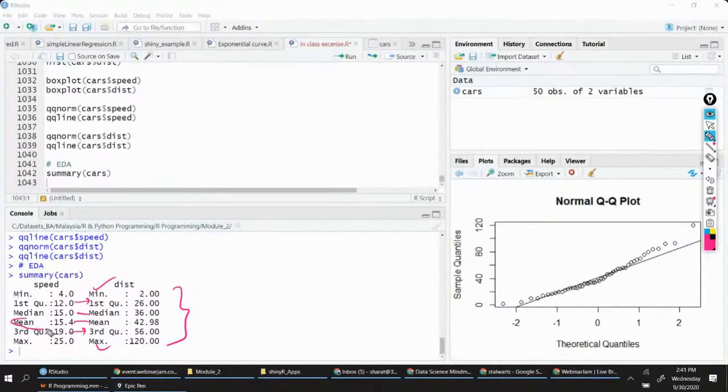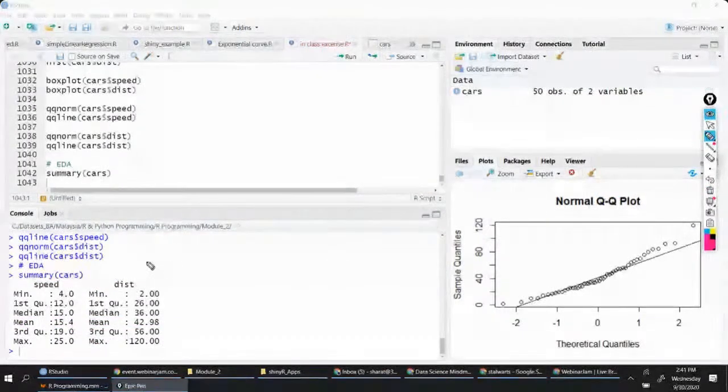Mean is the additional calculation which this summary function does apart from box plot calculations. All these are box plot calculations, right? When you say box plot, it is just going to show you the visualization. When you do summary, it is calculating all those things and showing you.